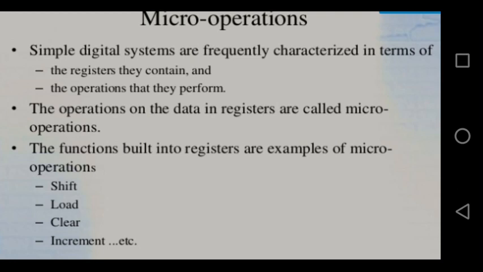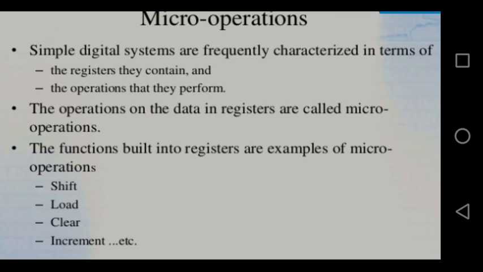So any digital computer is characterized by two things. One is the registers they contain, how many registers they contain. Remember we discussed the simple accumulator based CPU where the important register is the accumulator. Likewise we have general purpose CPU organization where we have n number of registers, and sometimes we may use stack organization based CPU where everything we do uses a special data structure called stack.